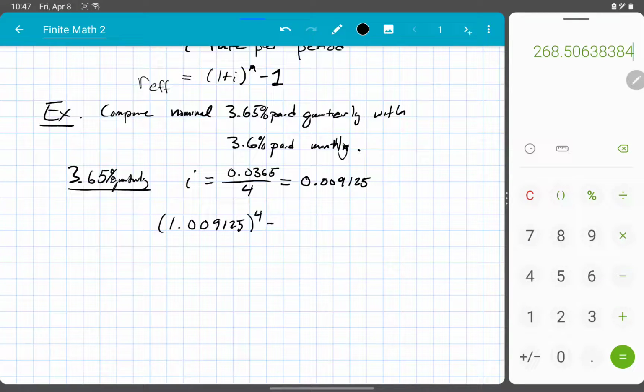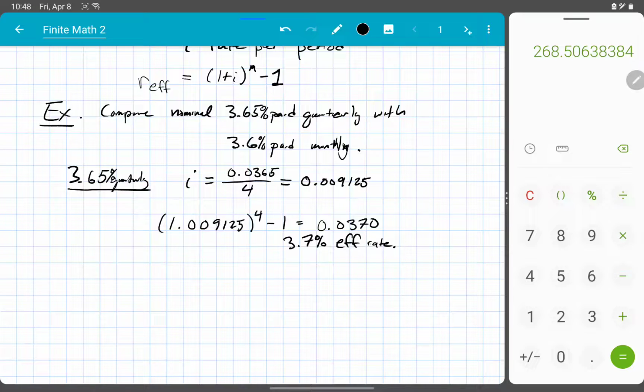And then of course we subtract 1, so we get 0.0370. So this is a 3.7% effective rate. So 3.65% compounded quarterly gives a 3.7% effective rate.